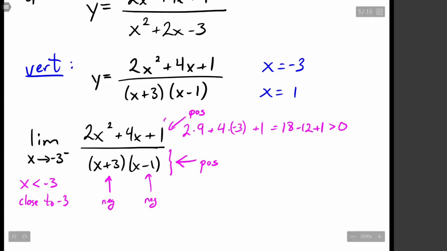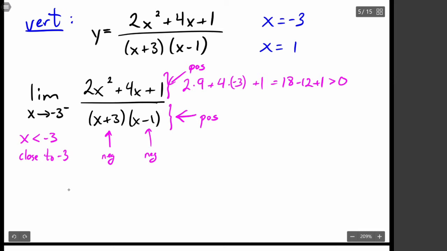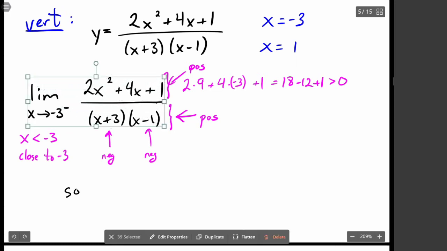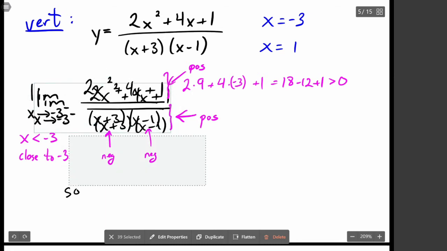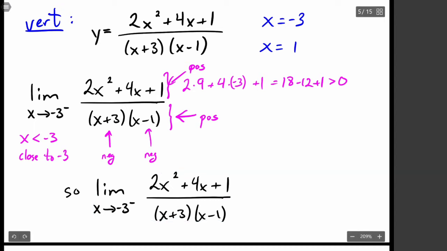So since the top and the bottom are positive, what this means is that the limit itself, let's see if I can just extract the limit here. So this limit that we're trying to compute, the top is positive, the bottom is positive.